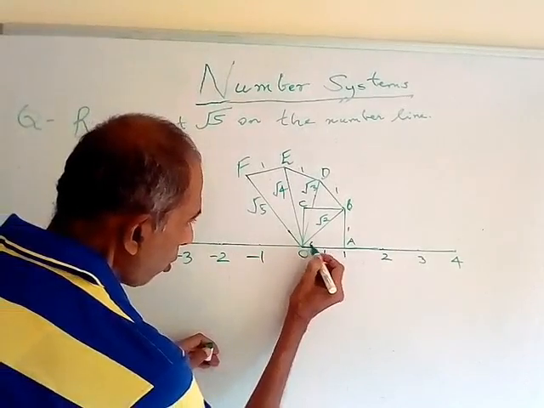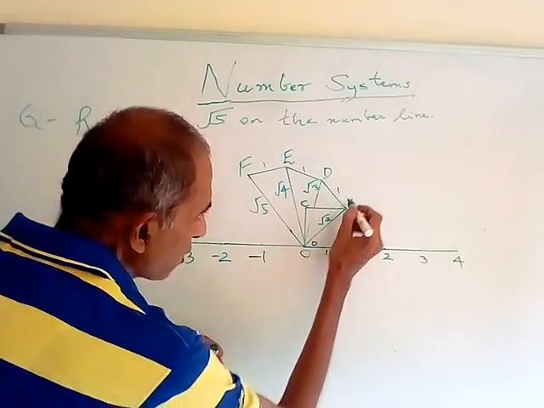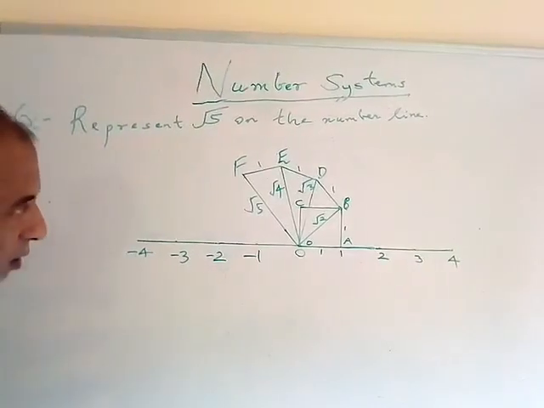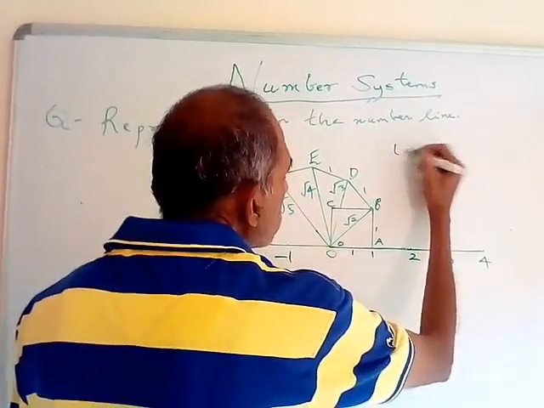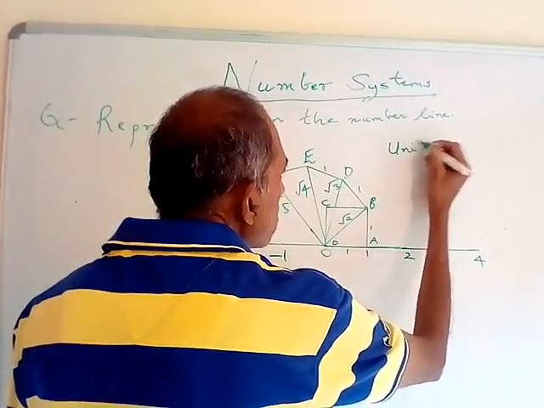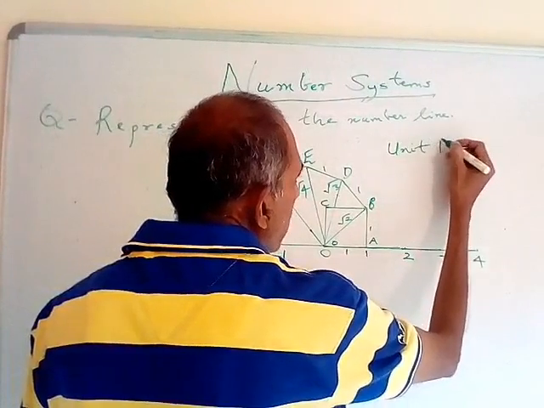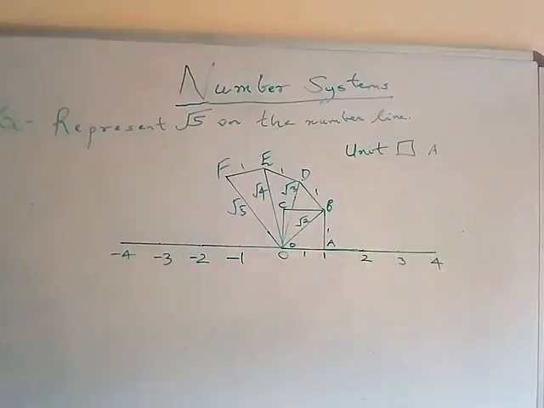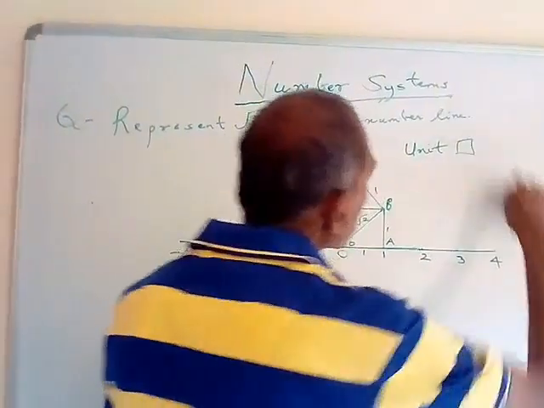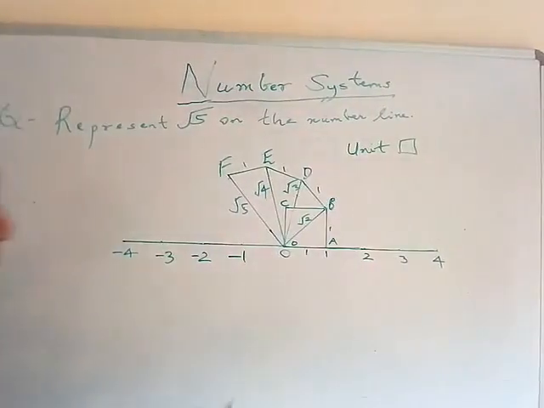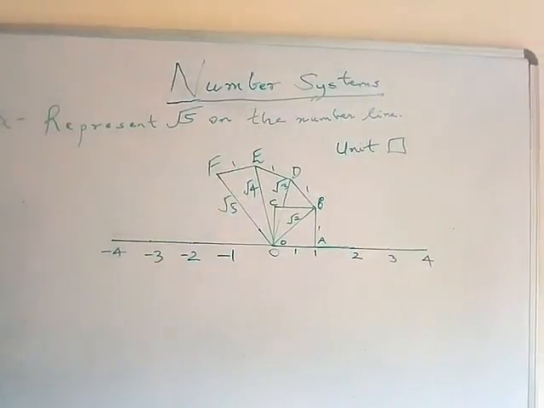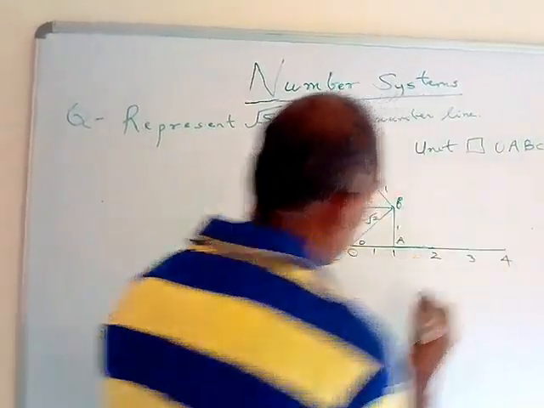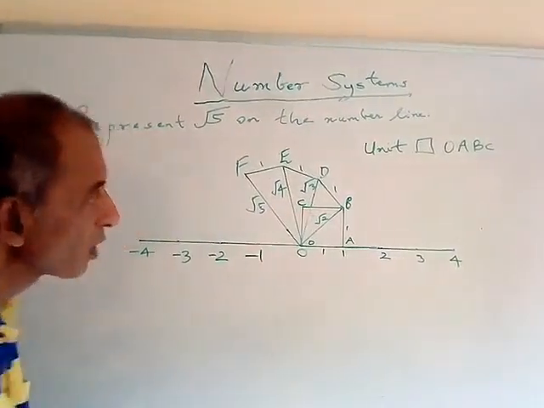This point is A. This is B, and this is C. So the unit square is OABC. This is the unit square.